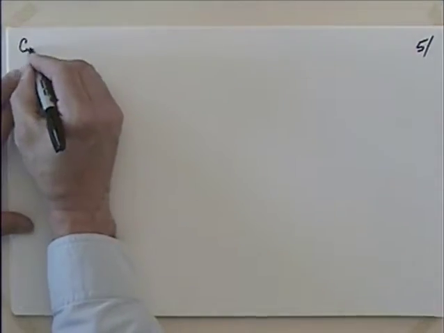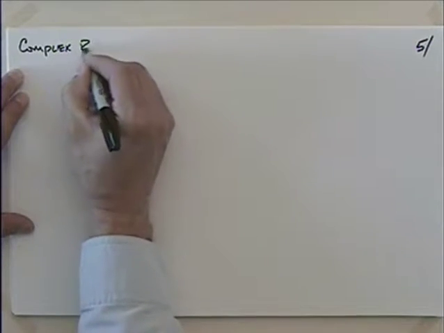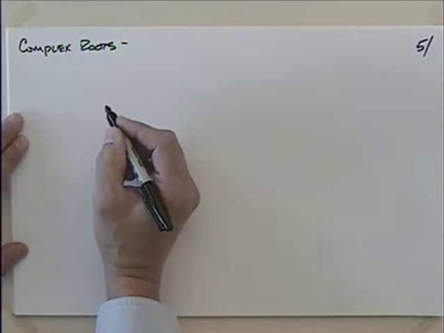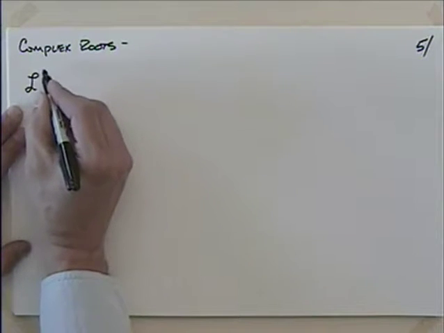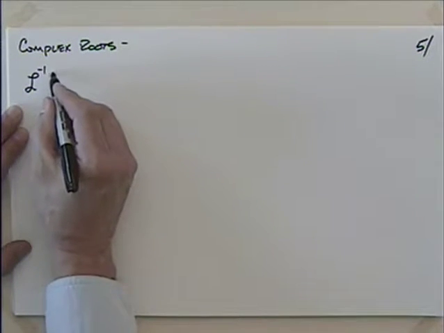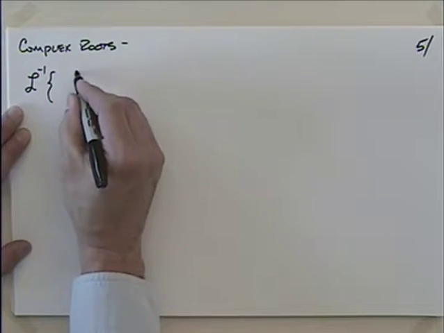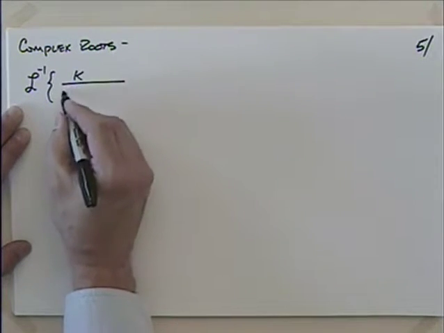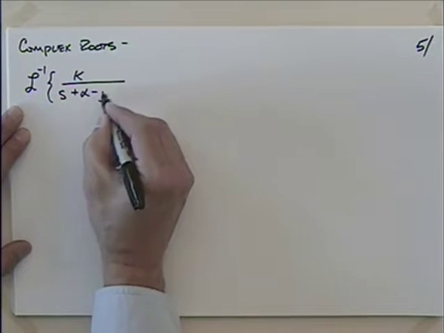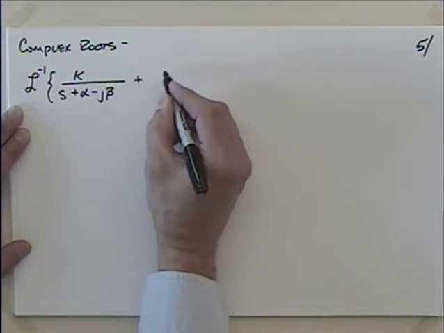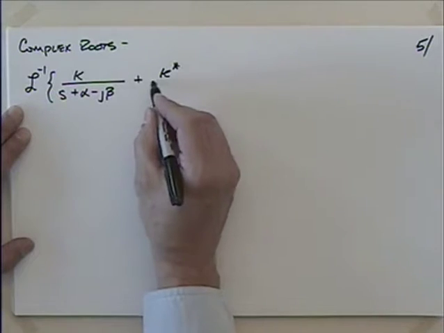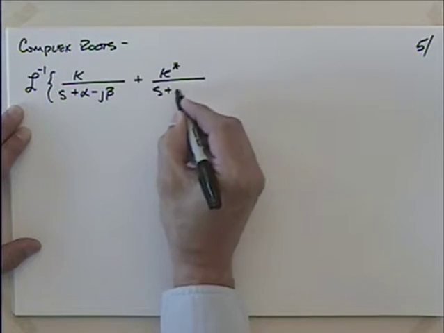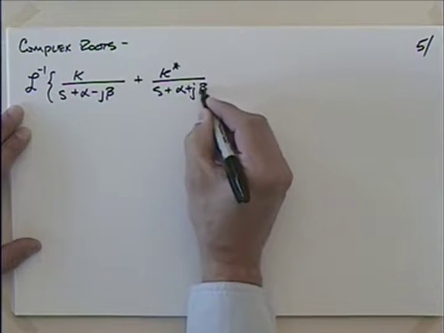So let's look at those complex roots. When I was talking about the inverse Laplace transform, I think I put something up like this. If we had complex roots, a common one that comes up is if I'm taking the inverse Laplace transform of k over s plus alpha minus j beta, and then I also have k*, the conjugate, over s plus alpha plus j beta.